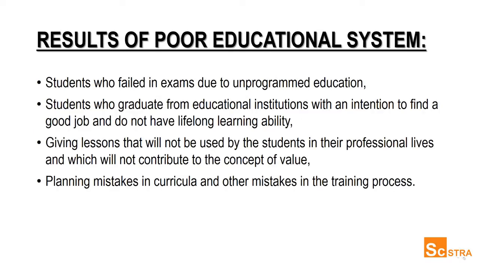So the results of poor educational system are students who failed in exams due to unprogrammed education, students who graduate from educational institutions with an intention to find a good job and do not have lifelong learning ability, giving lessons that will not be used by the students in their professional lives and which will not contribute to the concept of value, planning mistakes in curricula, and other mistakes in training process.